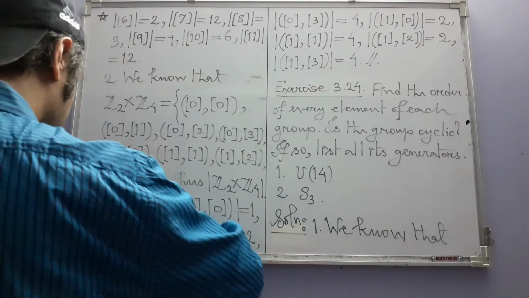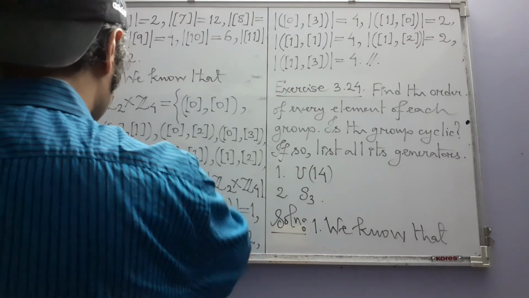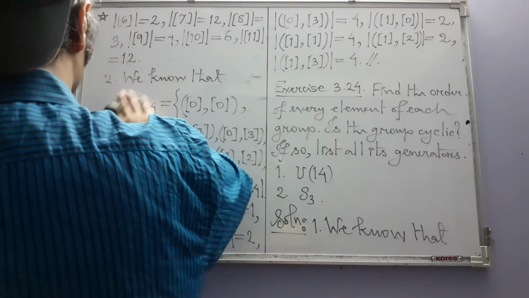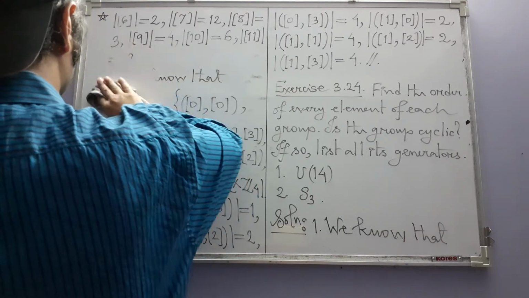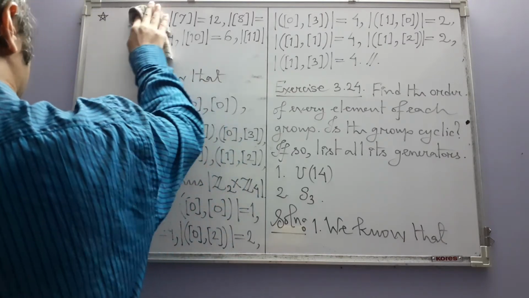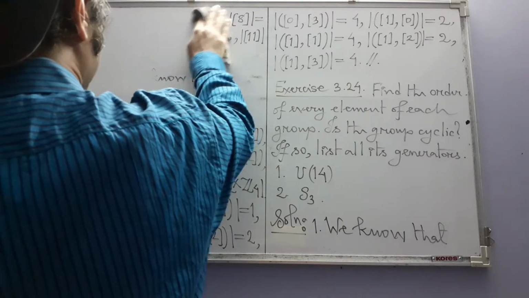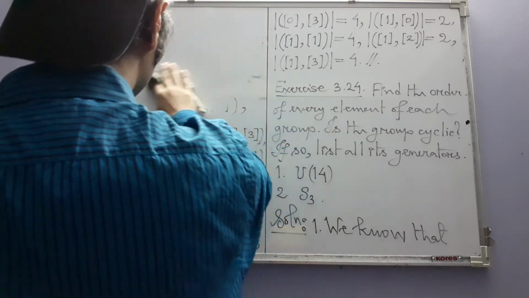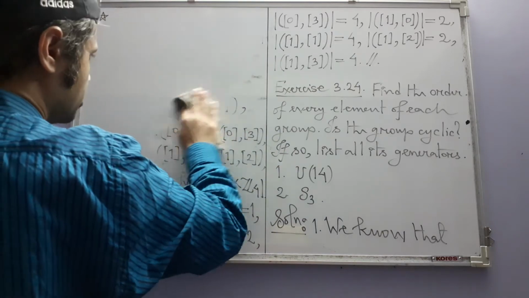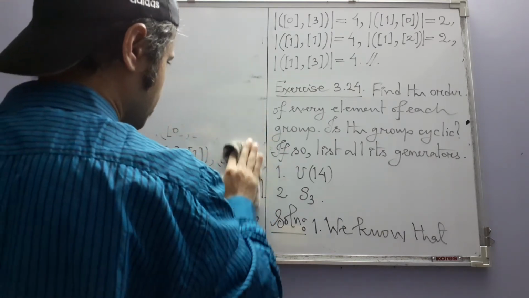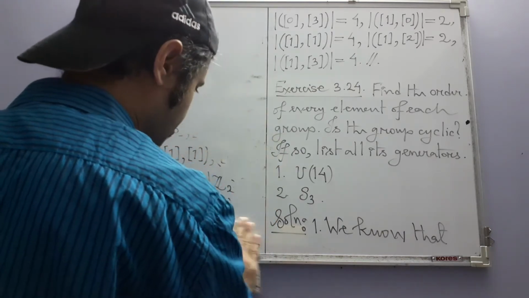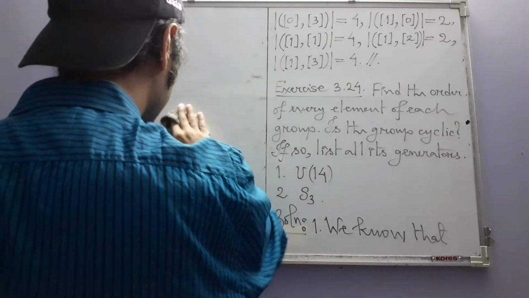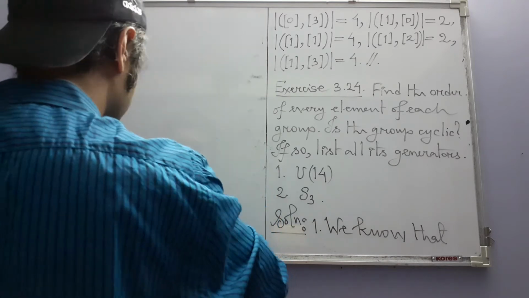Now here also the modulus is 14. But unlike Z14, U14 has in it those congruence classes where the representative integers are relatively prime to 14 and the binary operation in this group is multiplication modulo 14, not addition modulo 14.